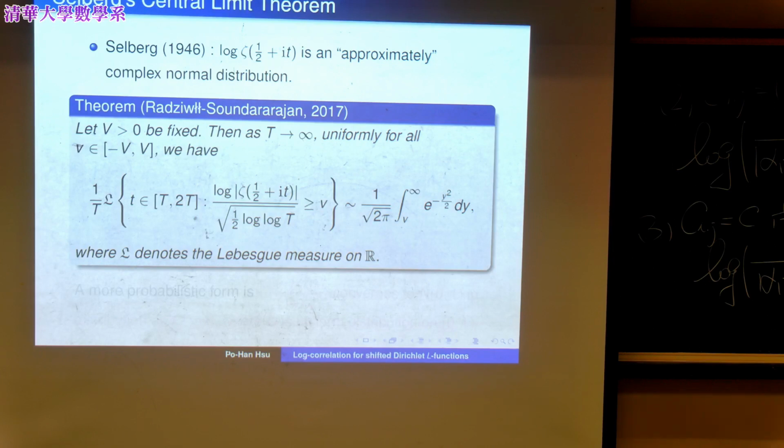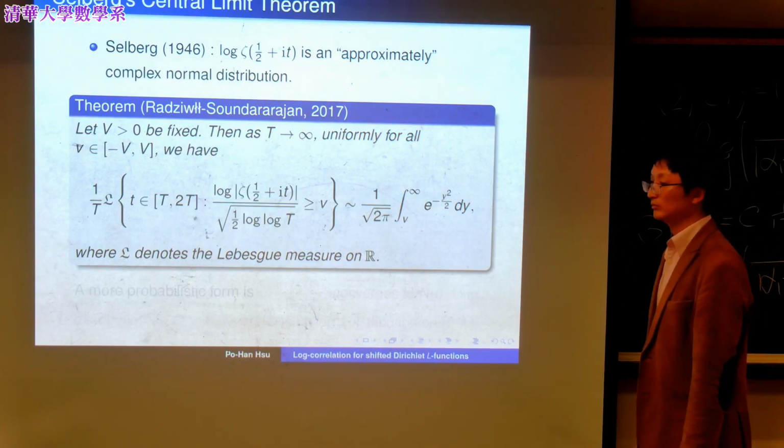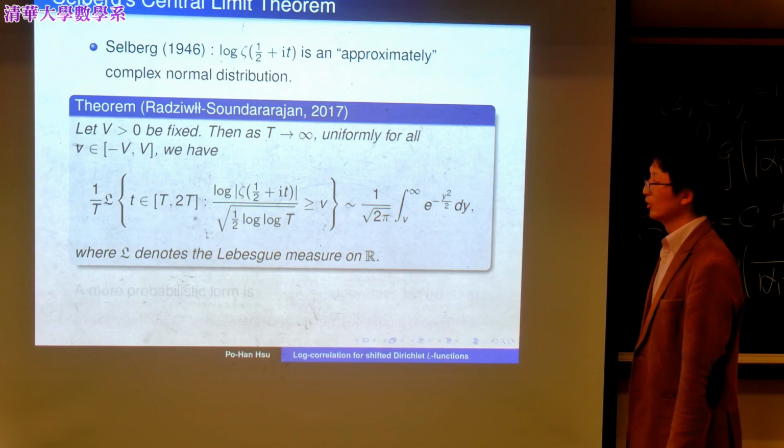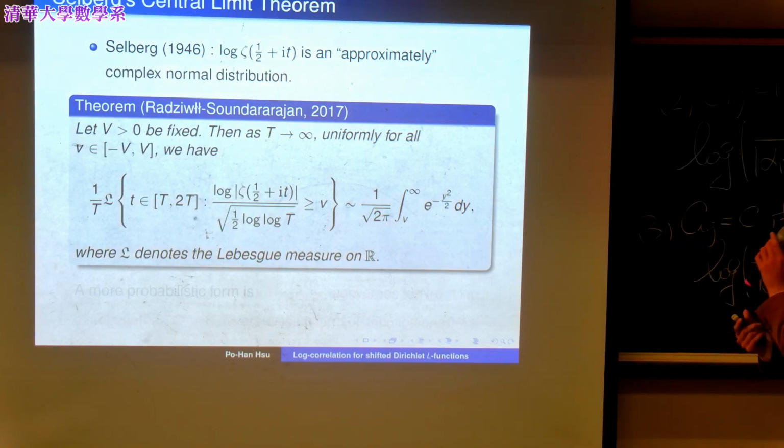Crystal. So is this kind of distribution related to any property of prime numbers? For Riemann zeta, I am not 100% sure, but I can provide two answers.